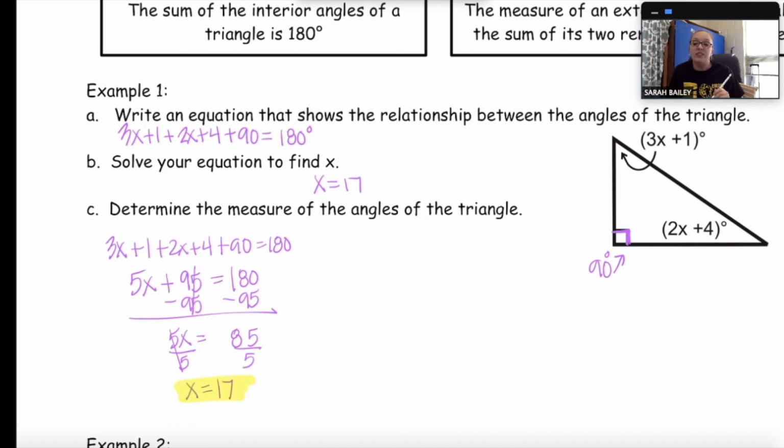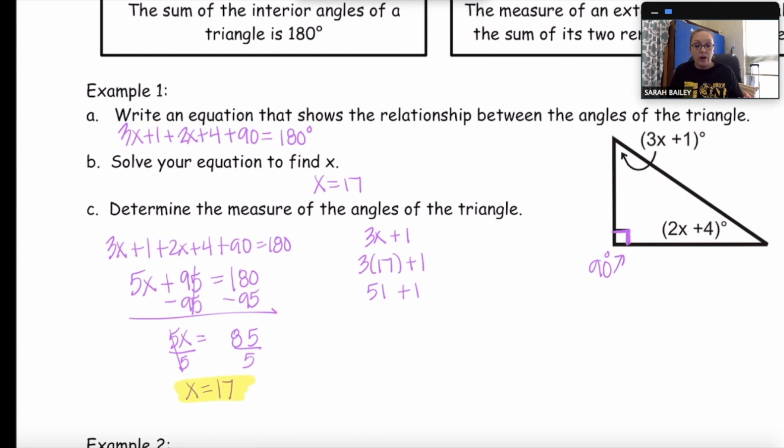Okay, and then part C, determine the measure of the angles in the triangle. So we already know that one of the angles is 90 degrees. Another angle was represented by the expression 3x plus 1. Well, if we know that x is 17, we can find 3 times 17 plus 1. So that would be 51 plus 1, or 52 degrees. I'm going to highlight that 90.